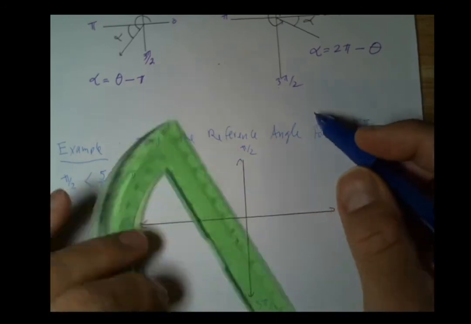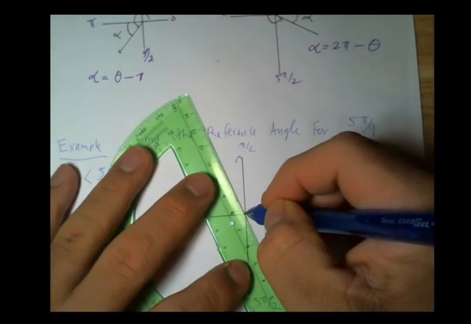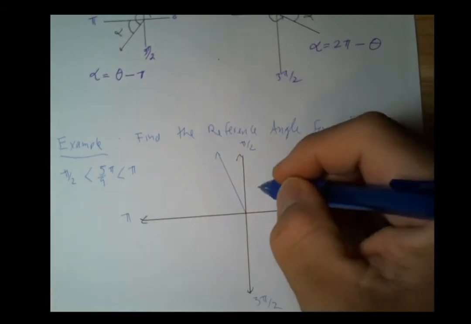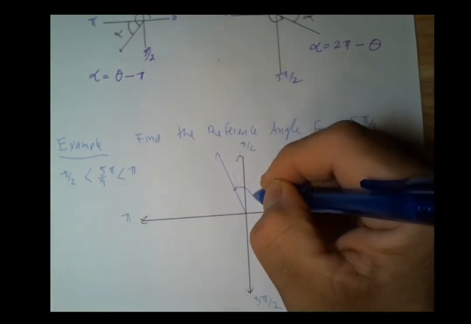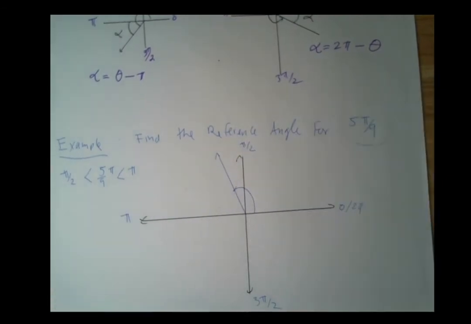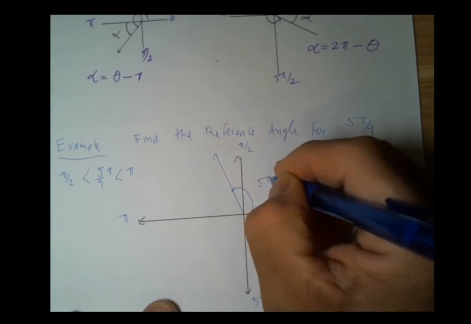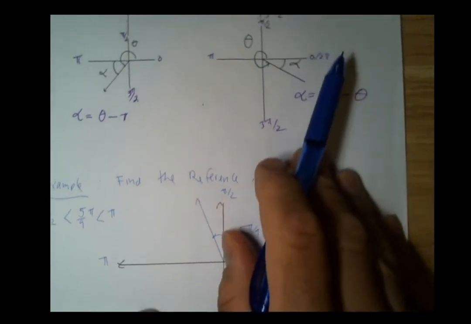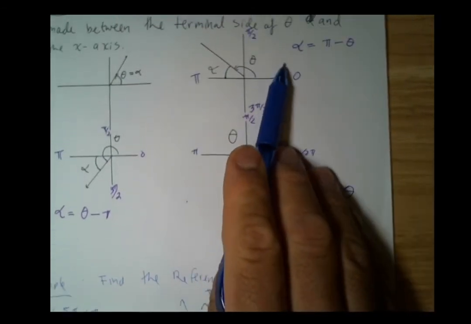Okay, and again, this is simply a sketch. I'm not looking for anything that accurate here. It's more just a visual guide, it helps me see how I'm going to calculate my reference angle alpha. All right, so that's 5 pi over 9. We're in quadrant 2, so we can use this handy guide here.